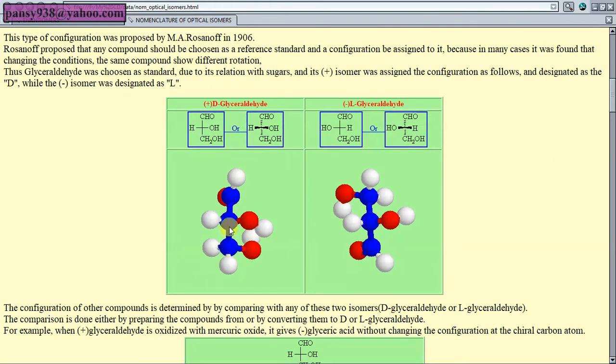Glyceraldehyde is a standard. Remember, this is a standard compound, and its plus isomer, which is dextrorotatory, is designated as D-glyceraldehyde. Remember, the D is written in capital form here, and its levorotatory form is written as capital L-glyceraldehyde, and they have the orientation like this.